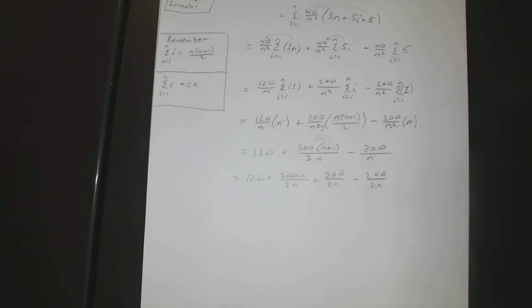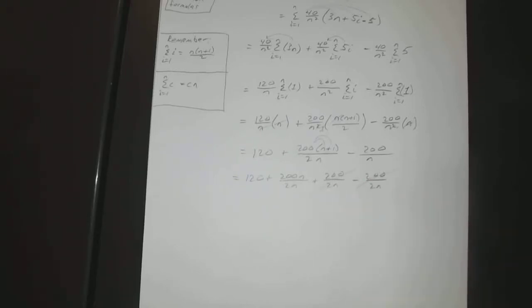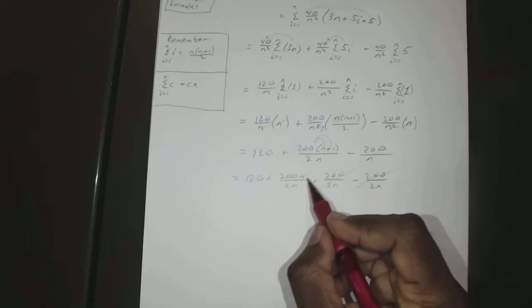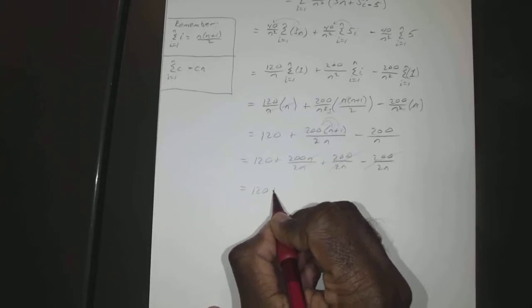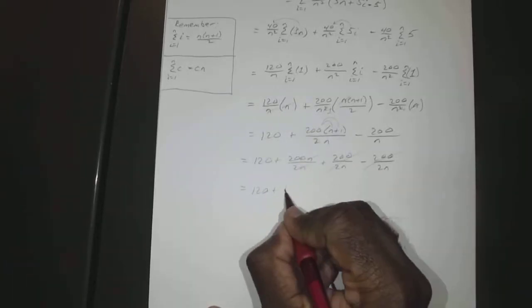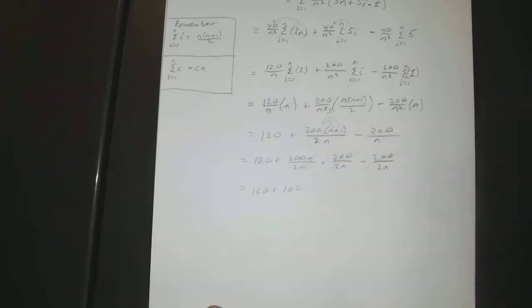Okay. And these two n's cancel out. You have 120 plus 200 divided by 2 is 100. Why is the last one 2n?